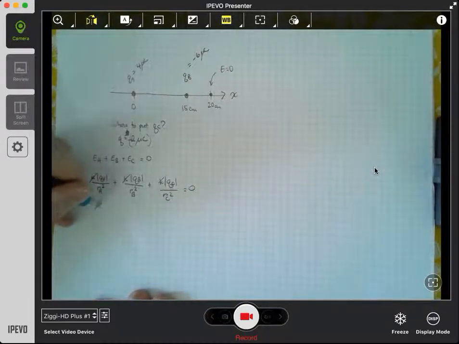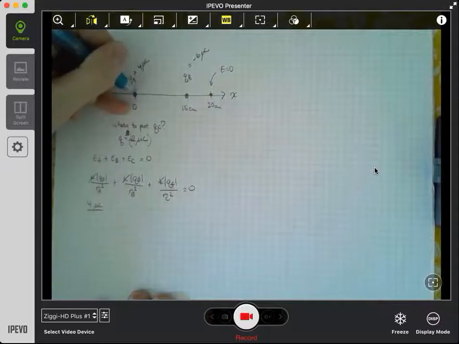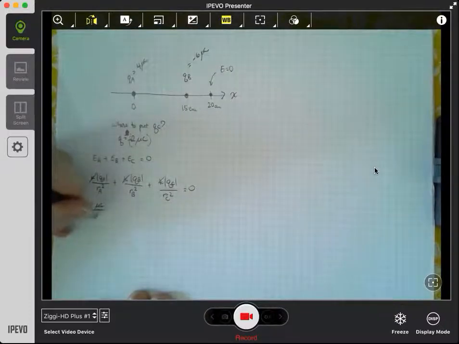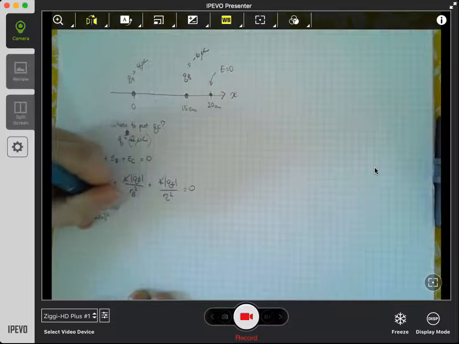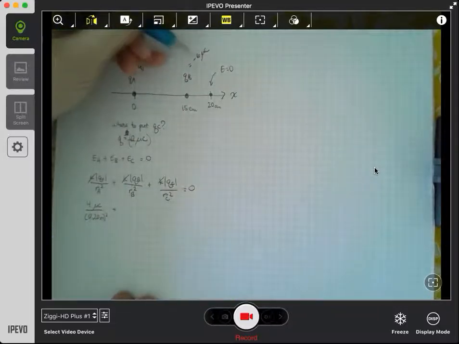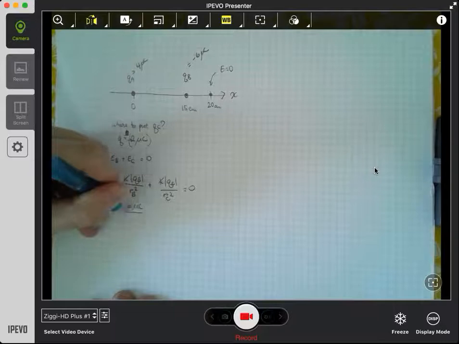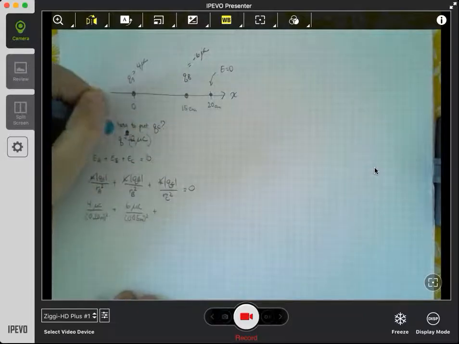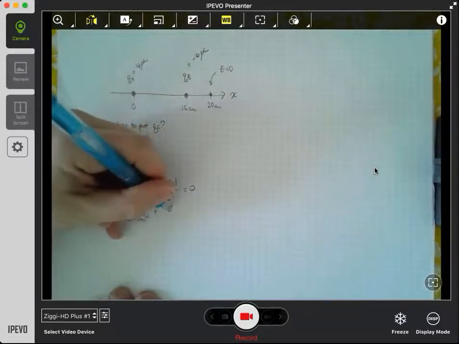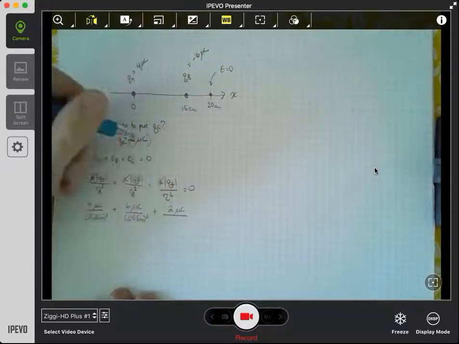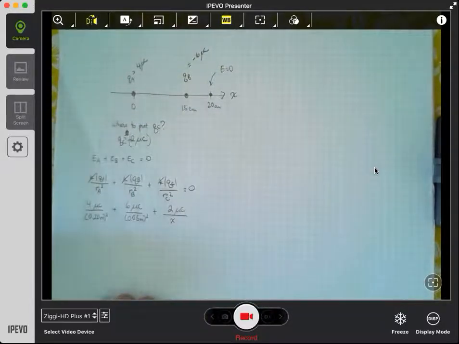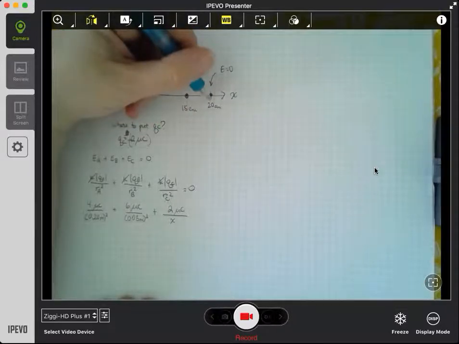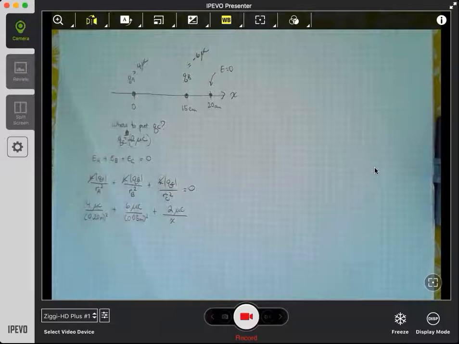QA is 4 microcoulombs, and it's divided by RA to 20, so that's 0.20 meters squared, plus QB is 6 microcoulombs, and this is absolute value, over the distance between this one and this one, which is 0.05 meters squared, plus QC is 2 microcoulombs divided by X, where X is the distance between this charge and QC, and it's either positive or negative.